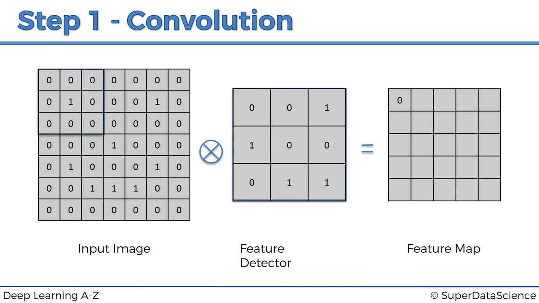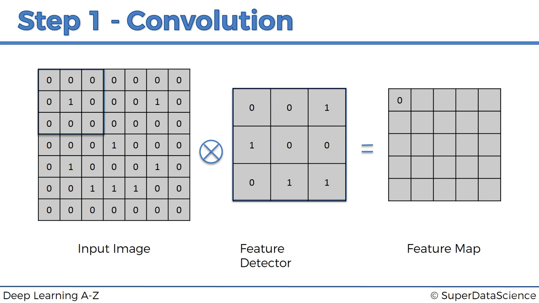And a convolution operation is signified by an X in a circle, just as you saw in the formulas before. Here, on an intuitive level, to think of it in terms of what is actually happening in the background rather than the mathematics, you take this feature detector or filter and you put it on your image like you see on the left.